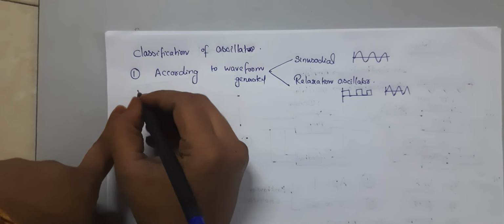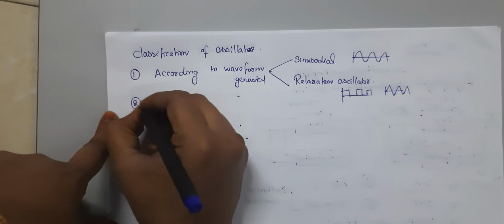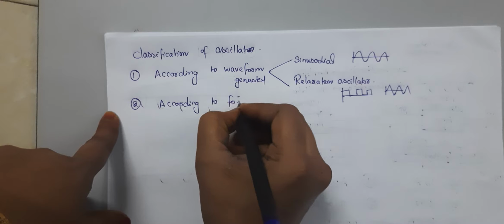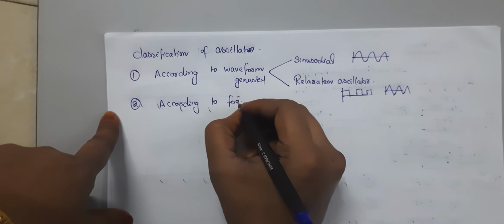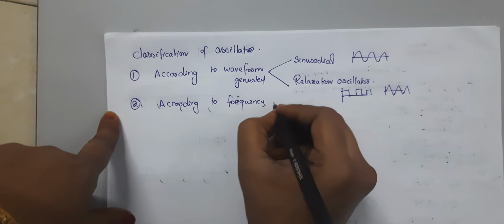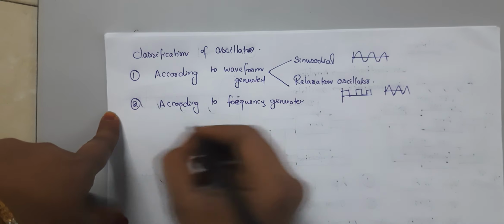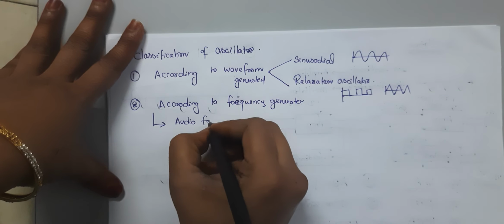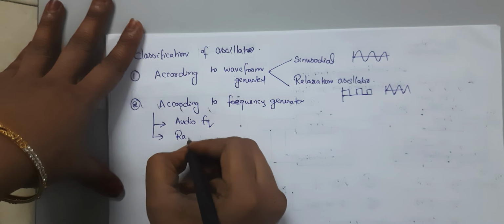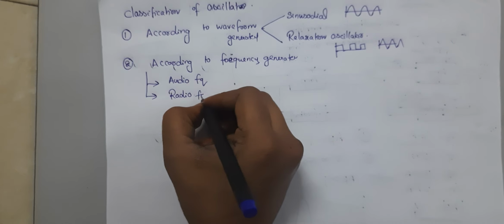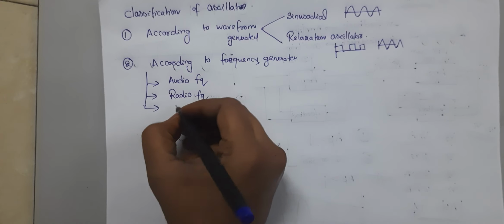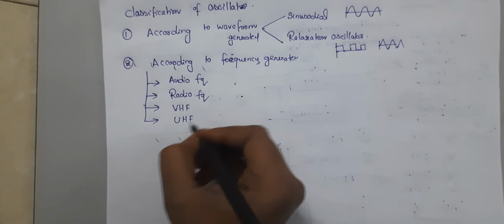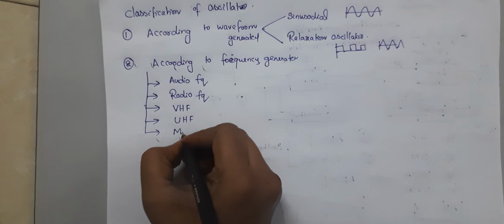Next, according to the frequency generated, the oscillators are classified as audio frequency oscillators, radio frequency oscillators, VHF oscillators (very high frequency), UHF oscillators (ultra high frequency), and microwave frequency oscillators.